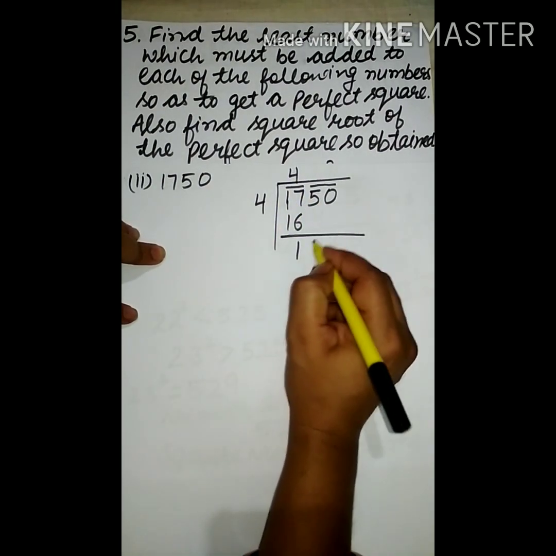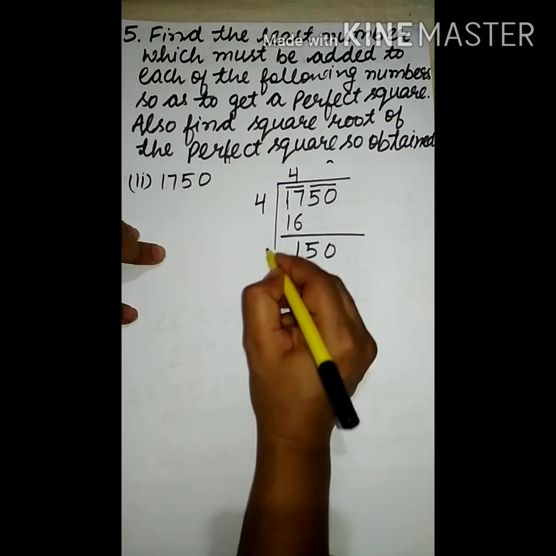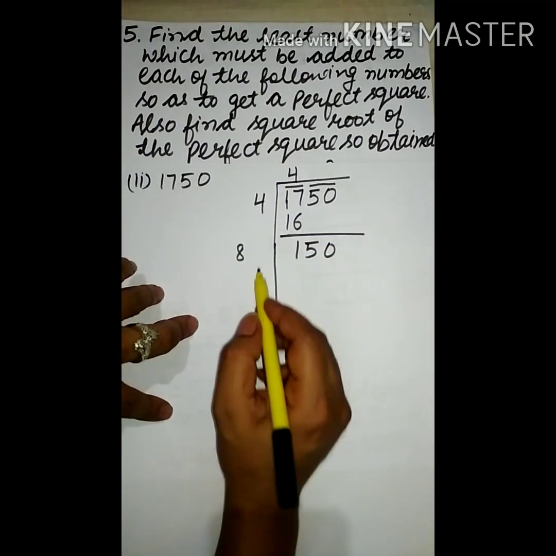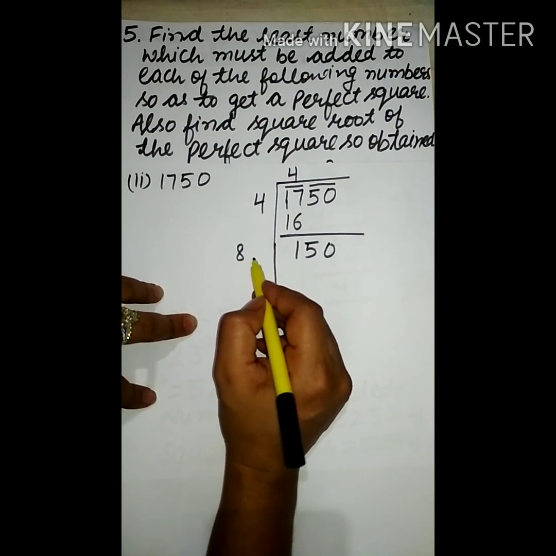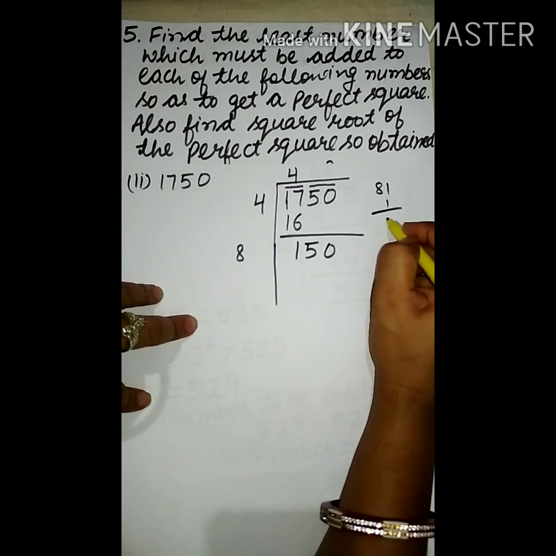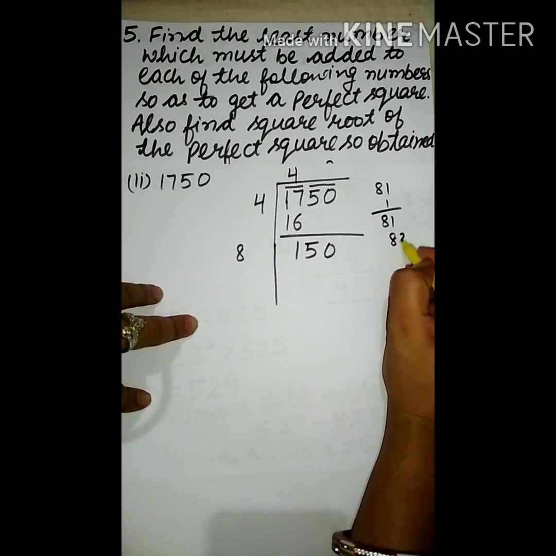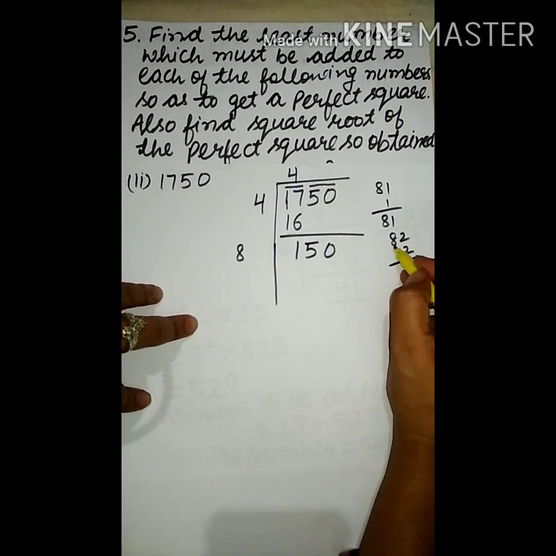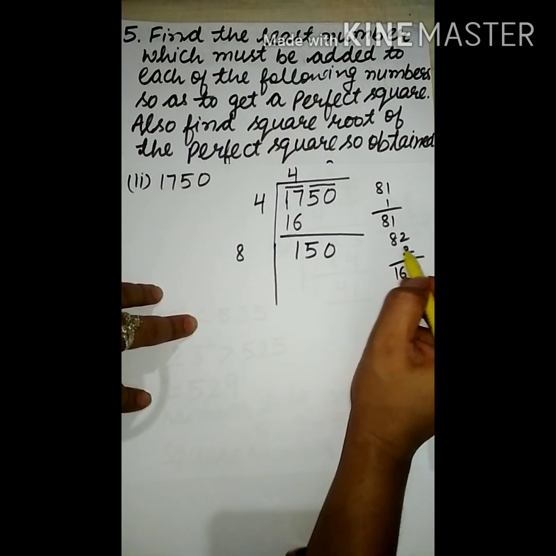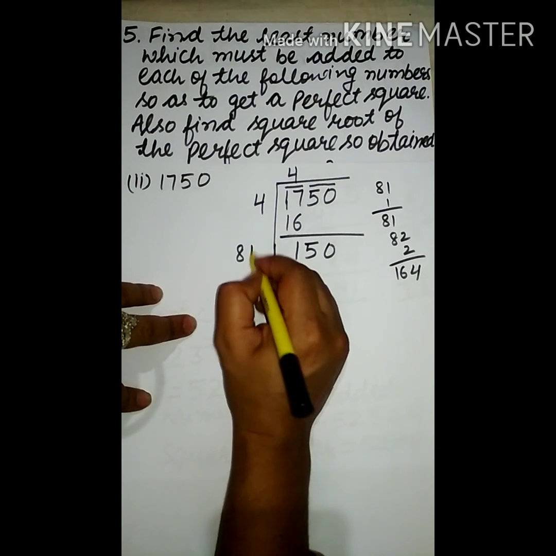17 minus 16 is 1, 150. 4 plus 4 is 8. Now I have to find out the number which should be multiplied here. You can try for 1, 81 ones are 81, and now for 2, 2 twos are 4, 82 twos are 164. 164 is greater than 150, so I'll write here 1.